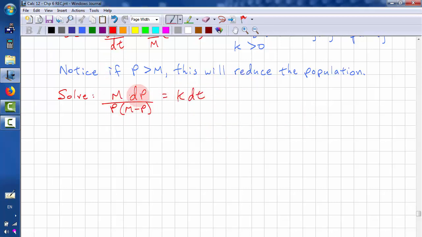And we need a little trick to integrate this because that's difficult. We need to split this up into fractions. And we use a trick, 1 over P plus 1 over (M minus P) equals. We need a common denominator here and here. So this gets multiplied by (M minus P) over (M minus P).